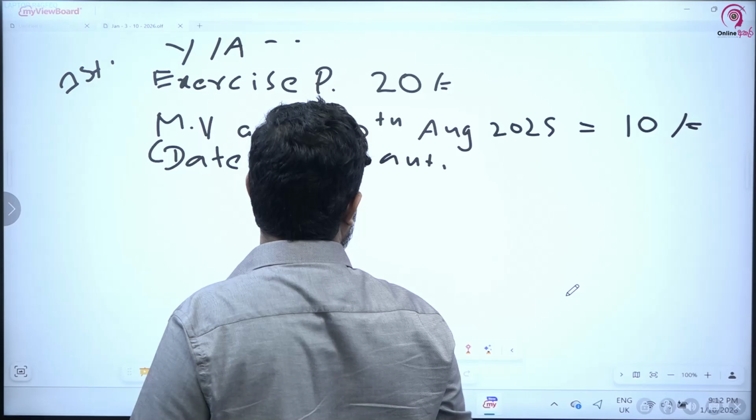So you need to take the market value at that date, and the employee contribution. Employee contribution 20, right?